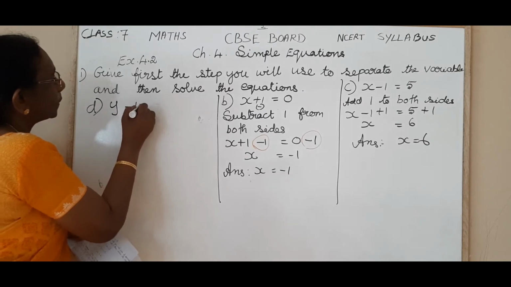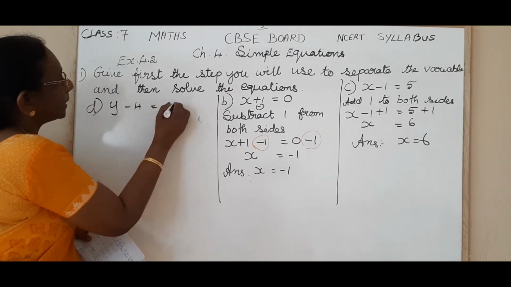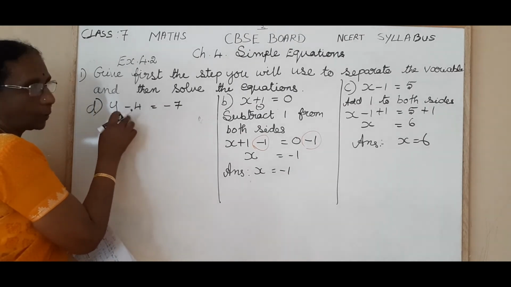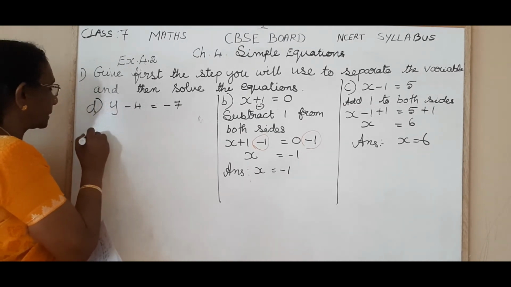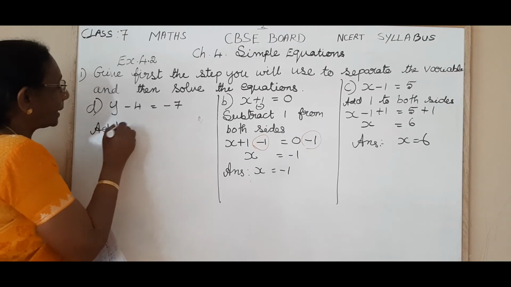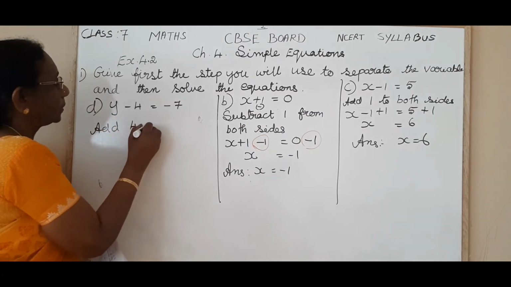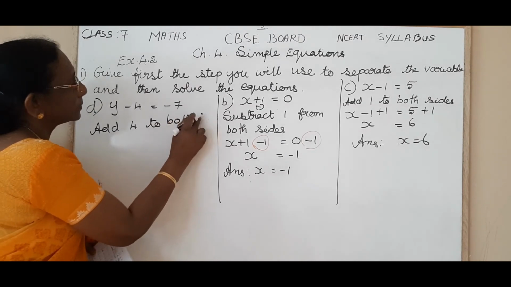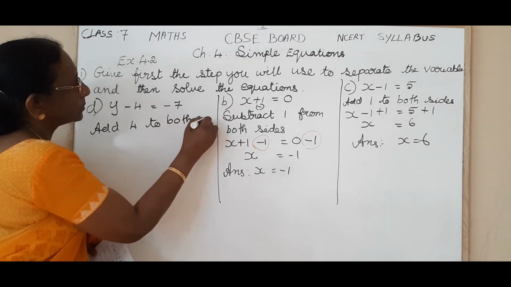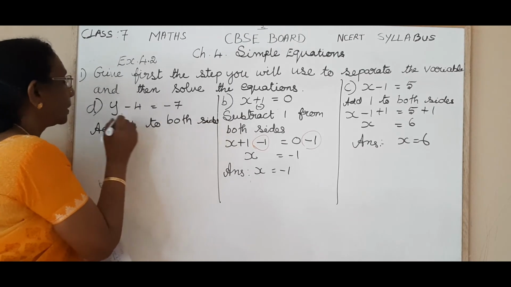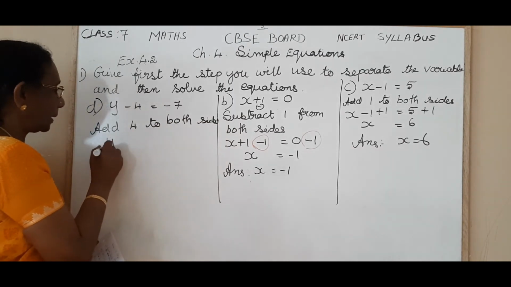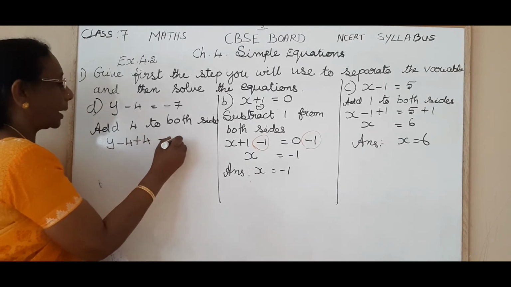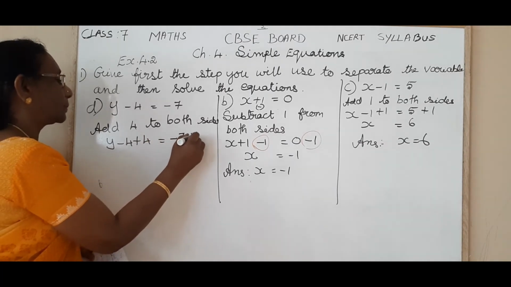Y minus 4 is equal to minus 7. Okay. Now here what should you do? You have to add because it is minus. So add 4 to both sides. What do you have? Y minus 4 plus 4 is equal to minus 7 plus 4.